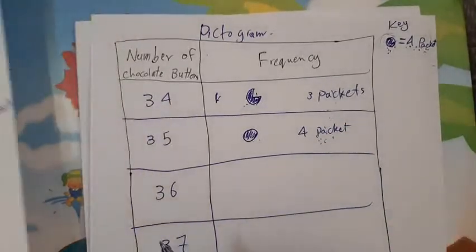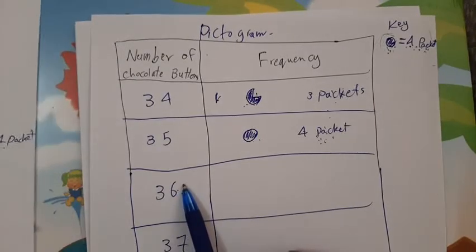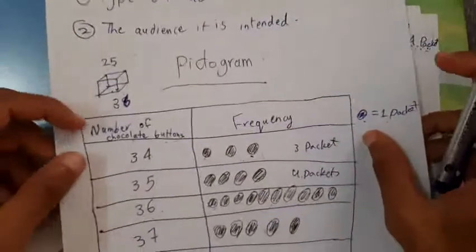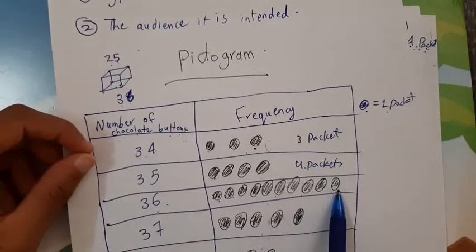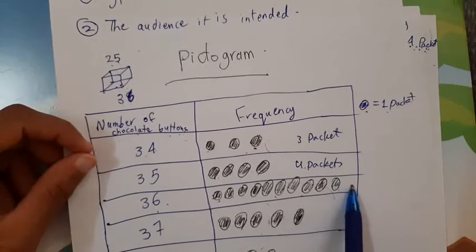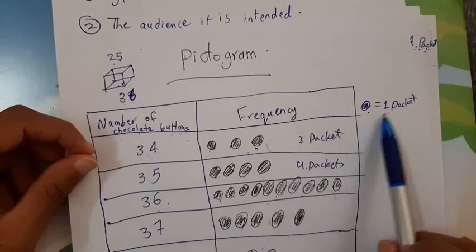So what about 36 chocolate buttons? How many packets had 36 chocolate buttons inside them? Those were 10 packets, right? 10 packets in the previous pictograms, because each circle there represents 1 packet.